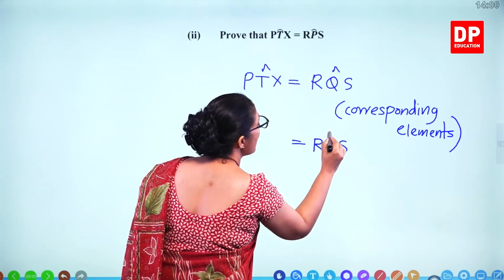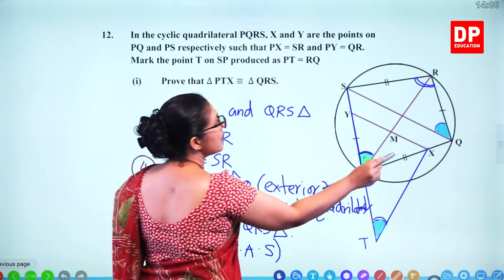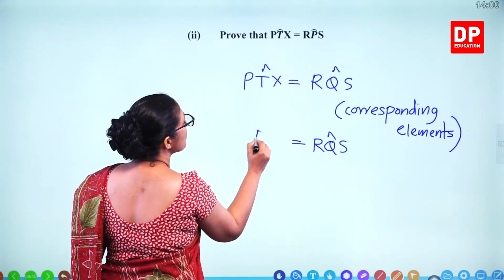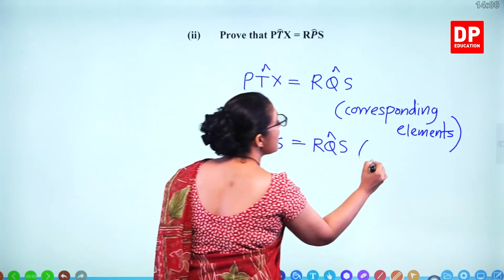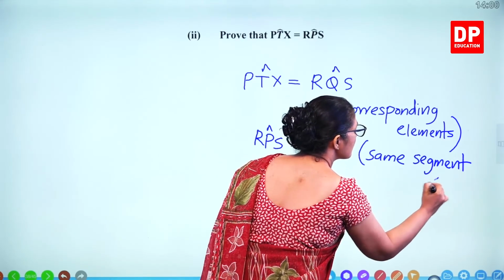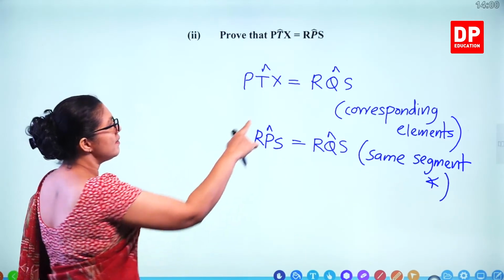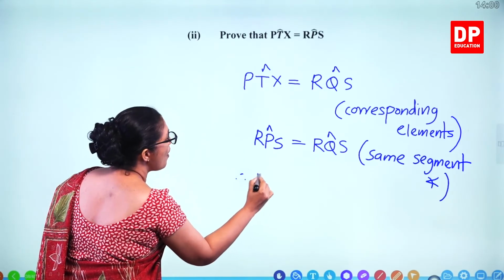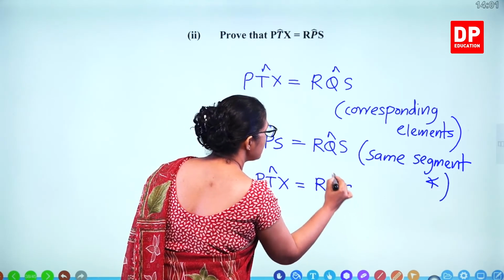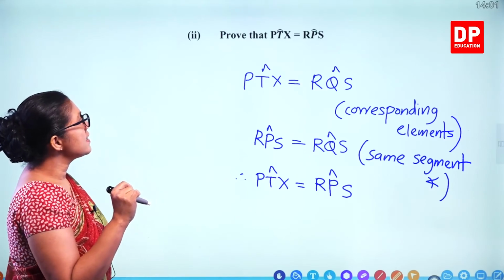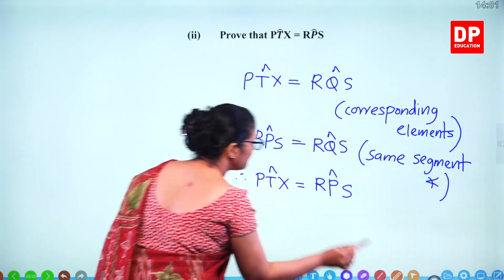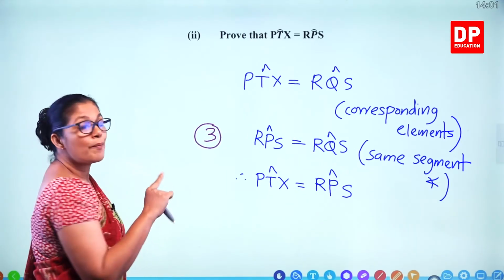RQS angle is same as RPS, because same segment angles are equal. Then these are equal, so therefore PTX angle is same as RPS angle. So that's what we need. So we can give 3 marks for that. So 4 plus 3, 7 marks.